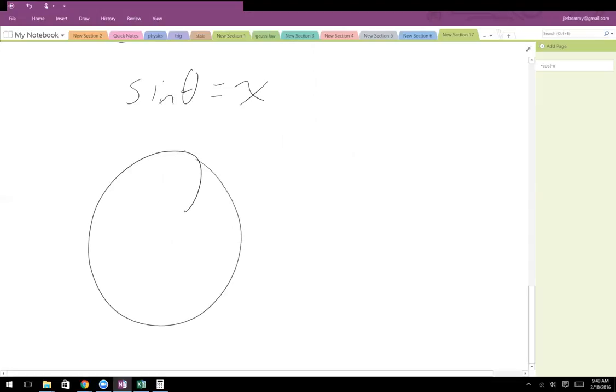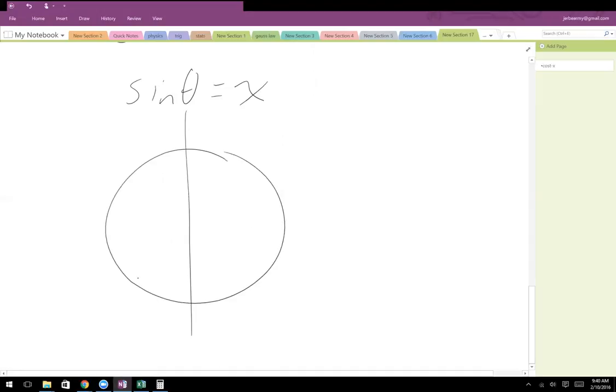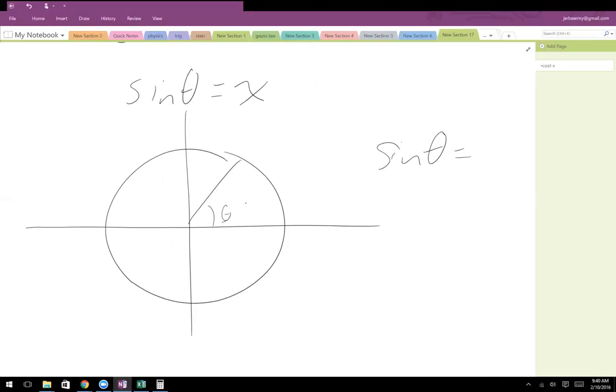No. Okay, unit circle. Sine is what in this picture? I'm not looking for a specific number. Cosine is the x coordinate. Sine is the y coordinate.